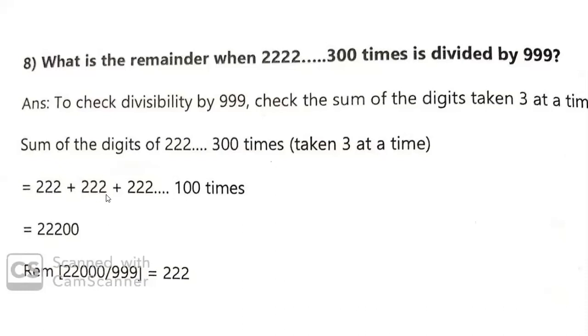So 222 plus 222 plus 222, 100 times. Now you can divide by 999 and find the answer. Yes or no? Yes, sir. Okay, so we are moving on to the next question.